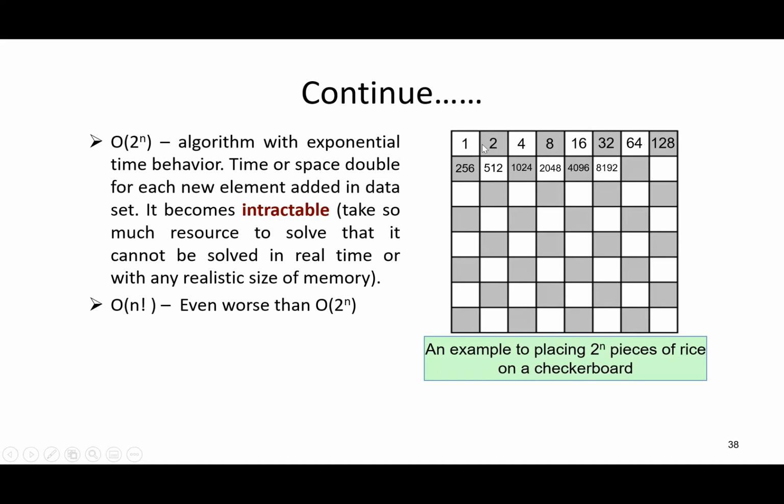Then this one is 2 power 0, 2 power 1, 2 power 2, 3, 4, 5, and so on. So your 64 is 2 power 64. So if the algorithm that you get has a big O like this, order of 2 power n, then you need to consider changing your algorithm to a more efficient one. If you have n factorial, it is even worse than this. So you have to consider changing your algorithm.